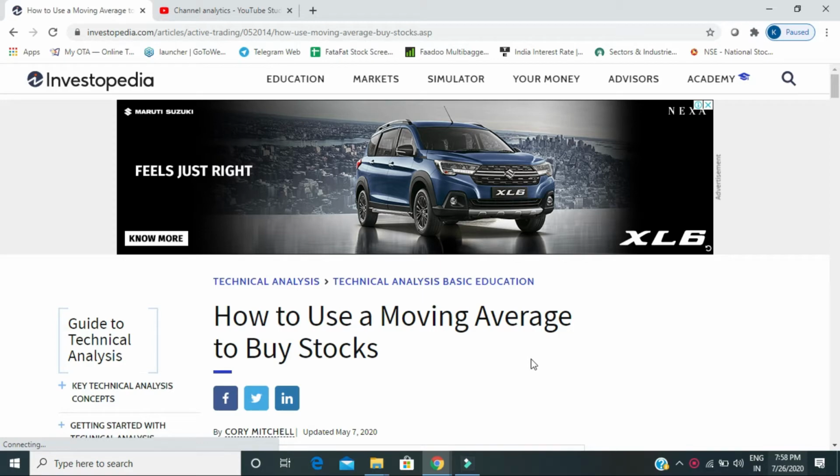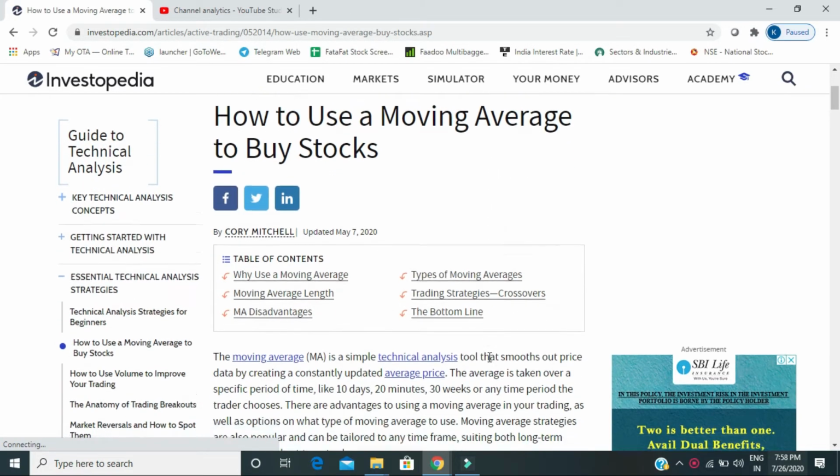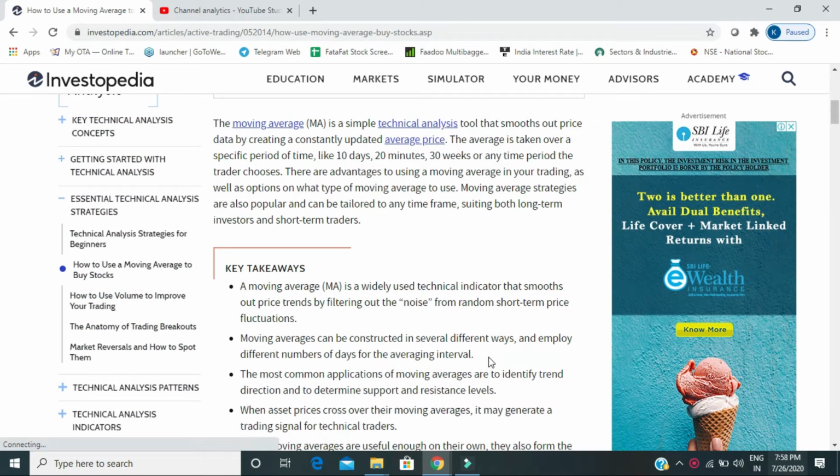To see how to use some moving average to buy stocks. Basically, there are many different moving averages. One is simple moving average, another one is exponential moving average, the third one is weighted moving average.